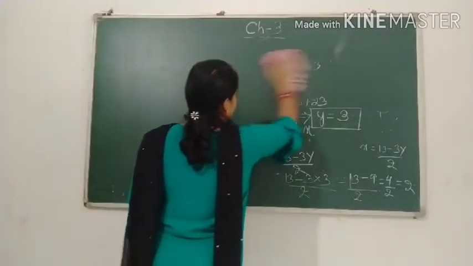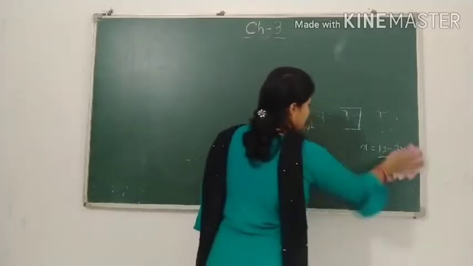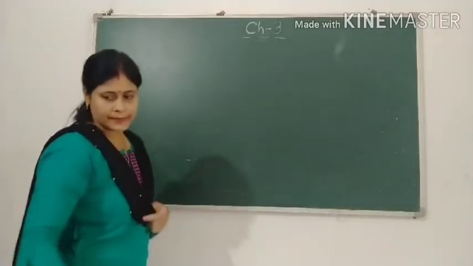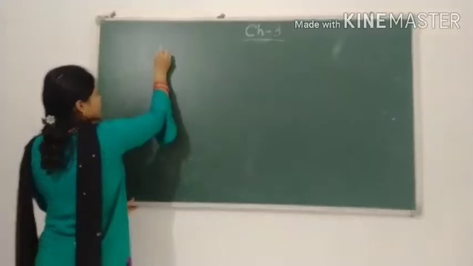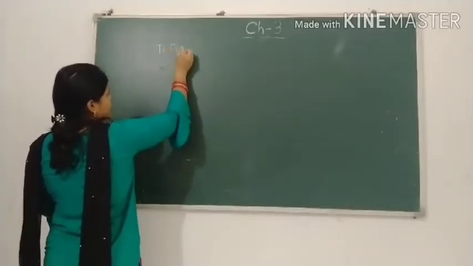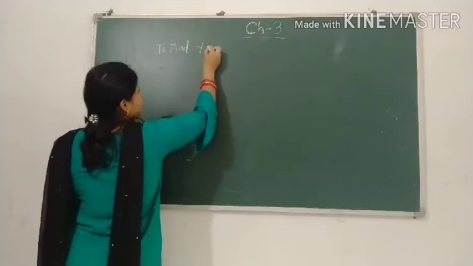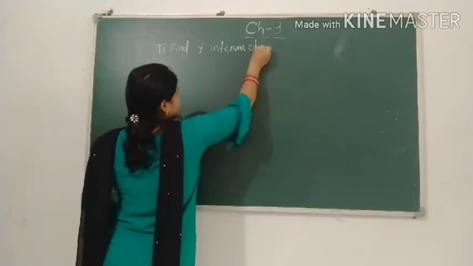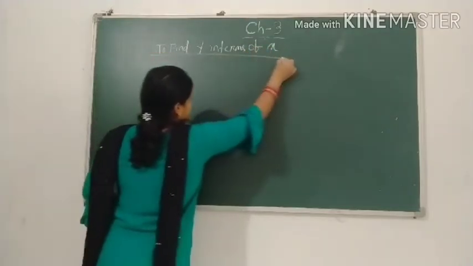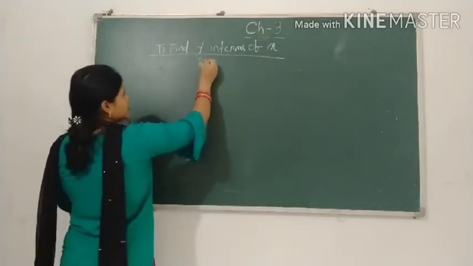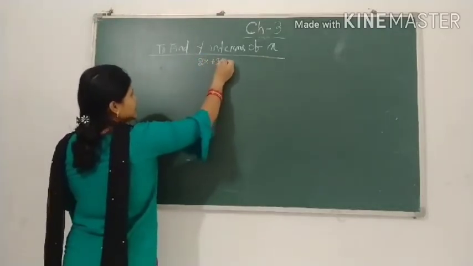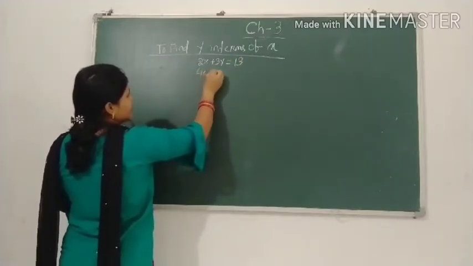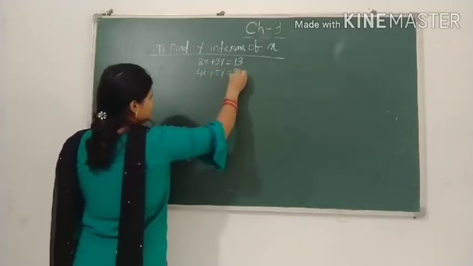After that, in the same equations, I have to find the value of y in terms of x. So I am going to write both the equations: 2x plus 3y is equal to 13 and 4x plus 5y is equal to 23.